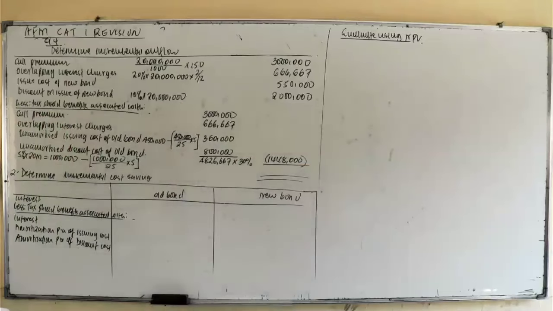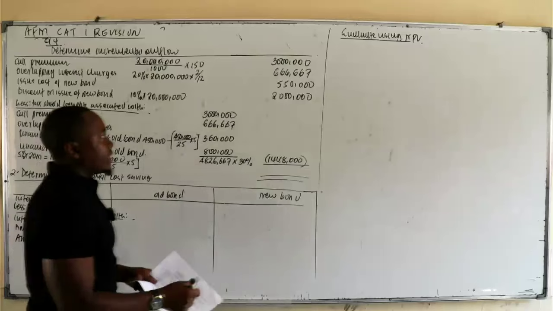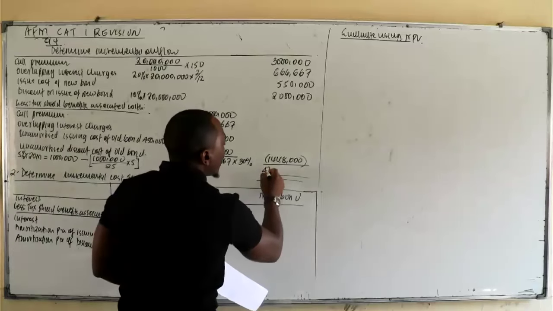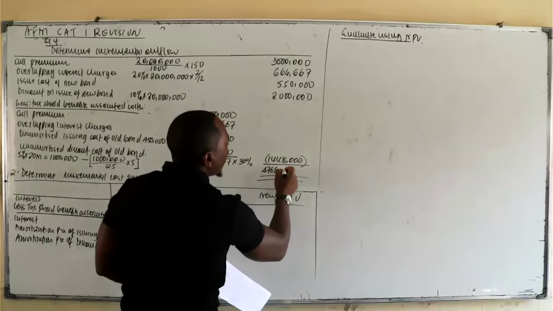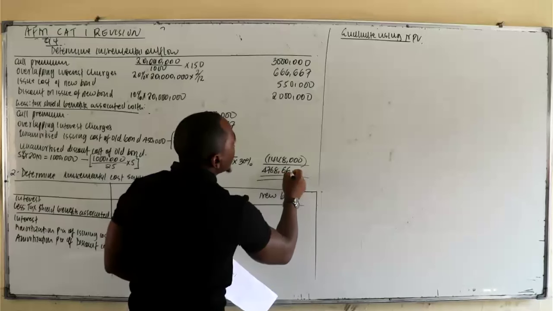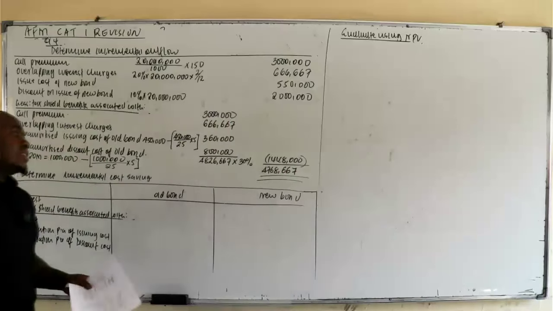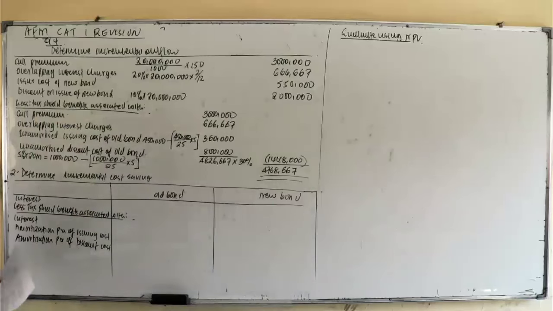So how much is that? You get an amount of 4,768,667. That means for us to refinance, that's what we need now.